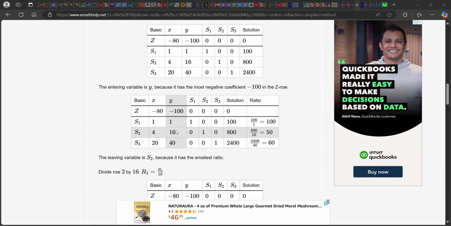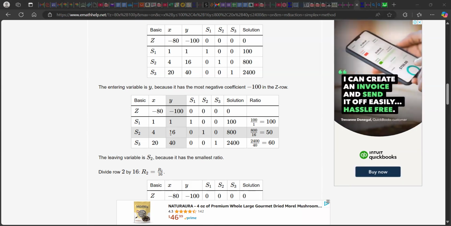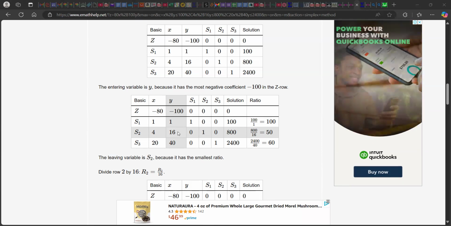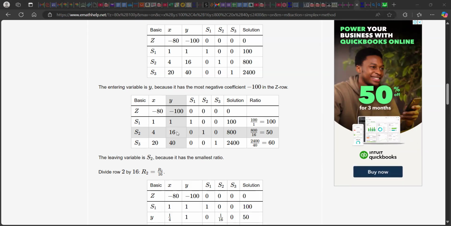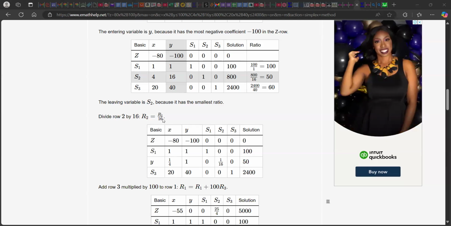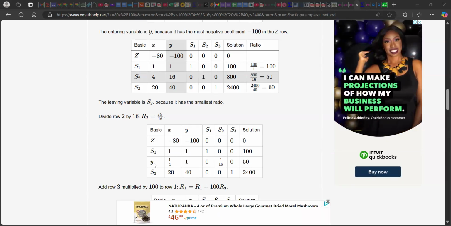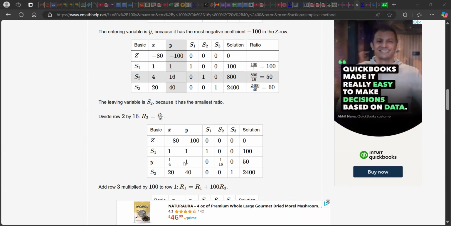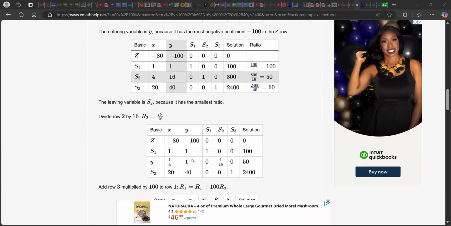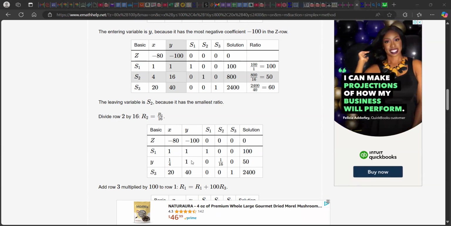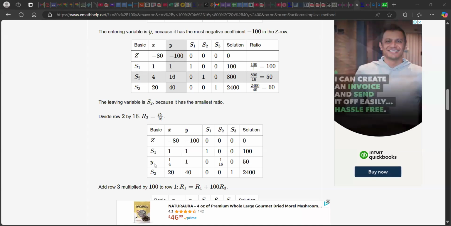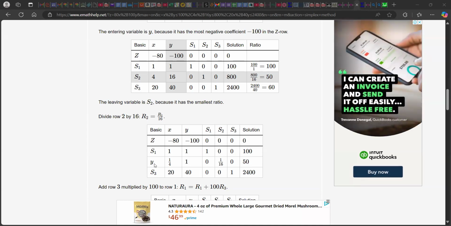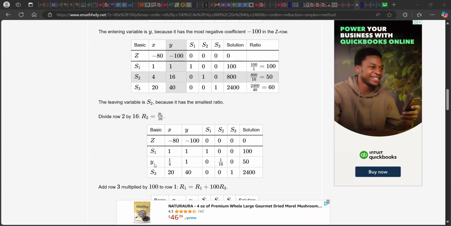So we had a pivot column, we had a pivot row. And the number 16, where the pivot column and the pivot row coincide, is what we refer to as the pivot element, right? So we're going to try to make that number into a 1. How do we do that? Divide the whole row by 16, and you'll get your 1 where you want it. Another thing that happens is that you are now going to replace S2 with Y. Basically, your objective is to remove all these S1, S2, and S3.